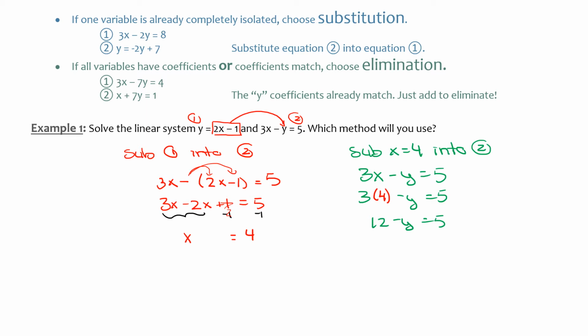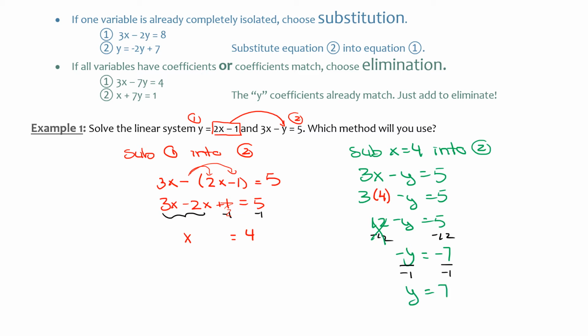So I need to subtract 12 from both sides. That gives me a negative y, so these turn into a 0. And 5 minus 12 is negative 7. So to isolate y, I have to get rid of the negative in front, so I'm dividing both sides by negative 1. y equals 7.